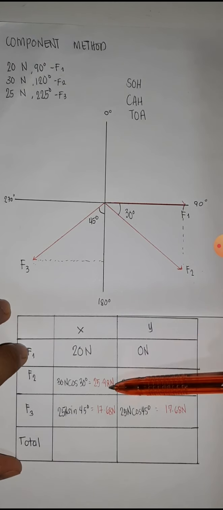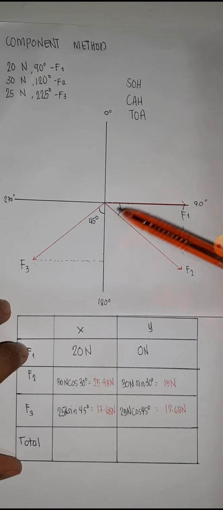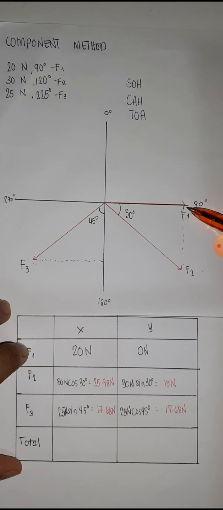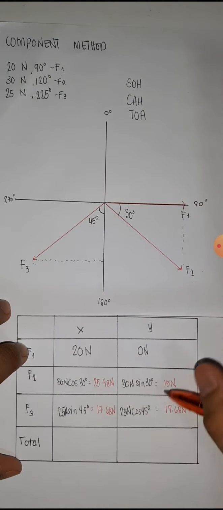For your F2, this is your F2, it is located in the quadrant wherein x is positive and y is negative. So x is positive, then y is negative.